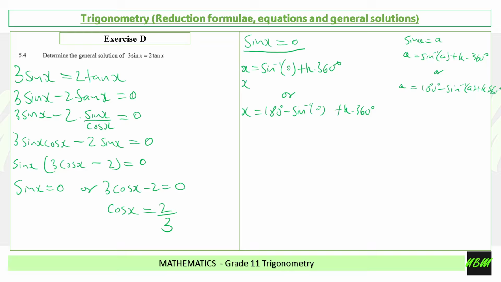Therefore, x will be equal to 0 degrees plus k times 360 degrees, then on this equation x will be equal to 180 minus 0, 180 degrees, plus k times 360 degrees. Then don't forget to indicate that k is an integer.